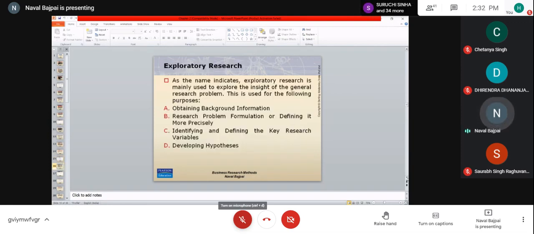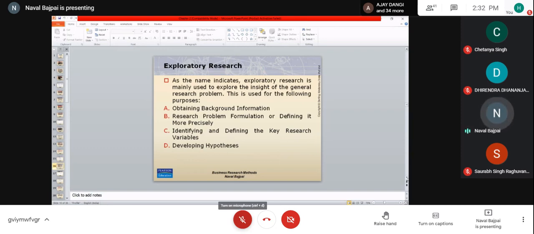Exploratory research is for exploration of a problem. Buying intention, I know this through literature, but I'm not sure what the local factors are. Literature includes international literature. So the buying intention model is derived from international literature, which includes studies conducted in Canada, America, European countries and all such countries, right?